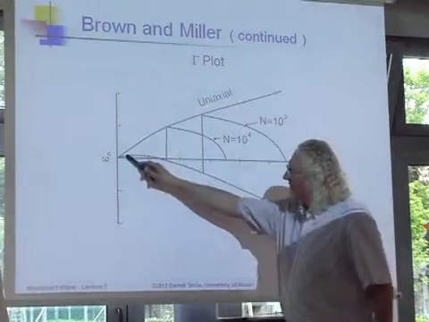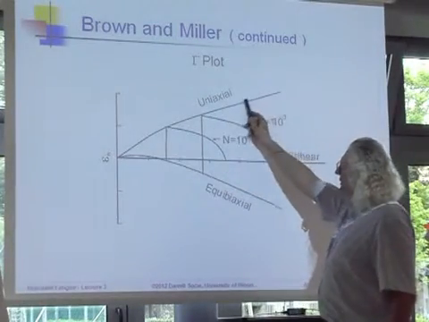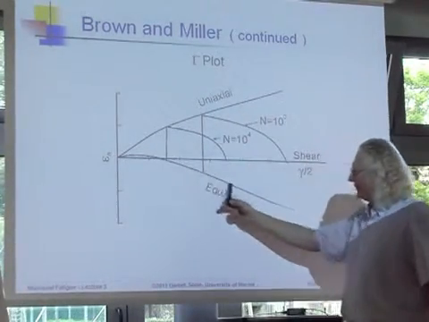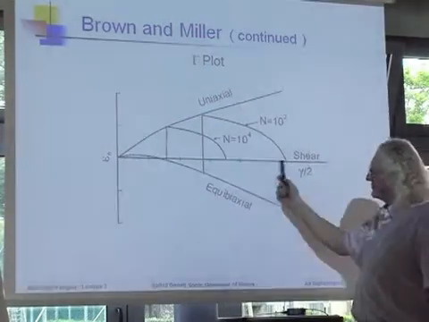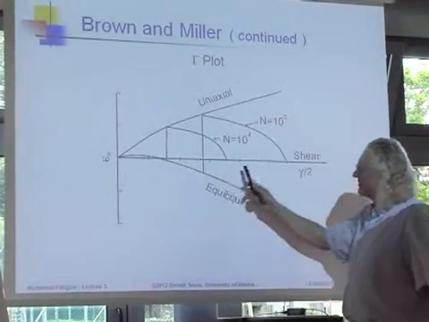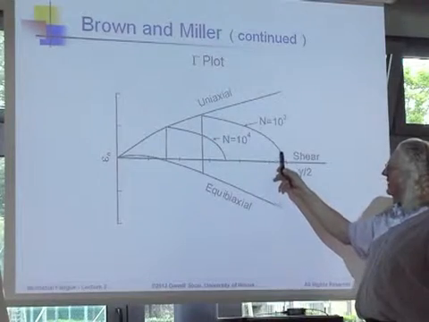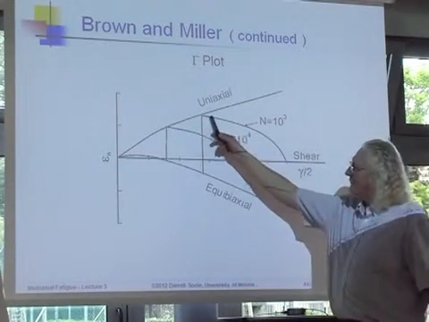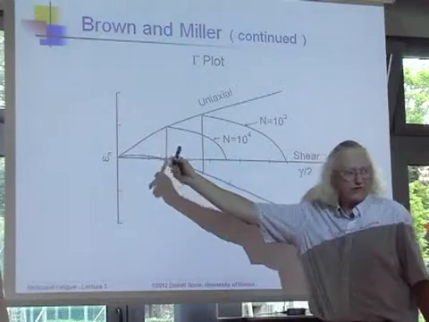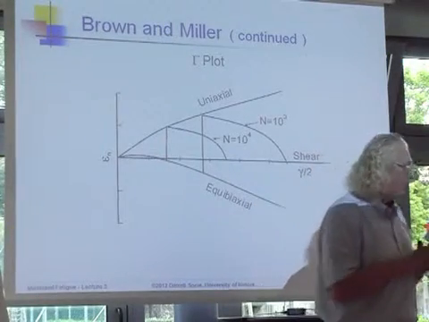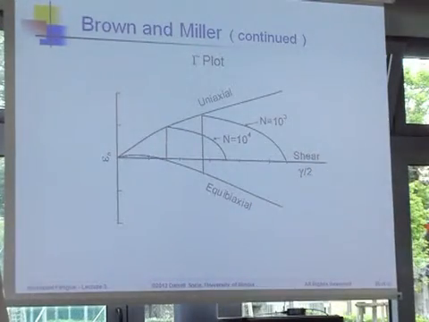And this contour represents uniaxial straining, so any point along here. This was equal biaxial straining, any line along there, and this was pure torsion along there, such that here are all the combinations of normal strain and shear strain that would give you a life of 1,000 cycles and a life of 10,000 cycles. And they spent a few years promoting this, and of course, everyone else ignored them.